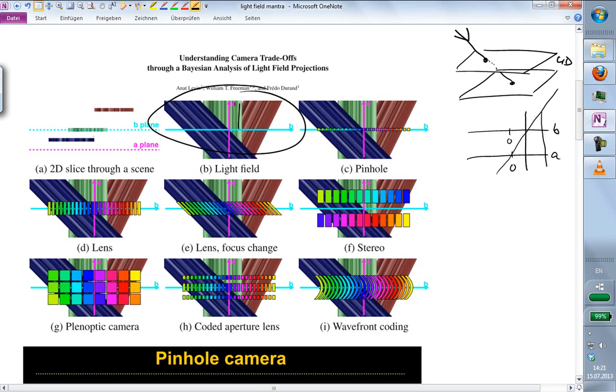So we have a structure that looks vertical in this plot. The A object is closer to the observer, so it gives rise to a slanted surface, and the red object is further than the B plane, so it gives rise to a manifold that is slanted in the opposite direction.